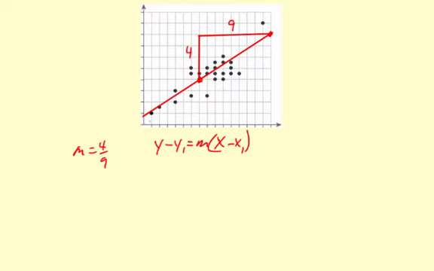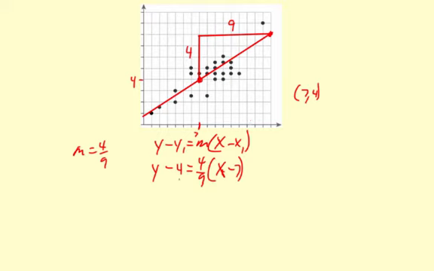The coordinates for that are 1, 2, 3, 4, 5, 6, 7 for x, 4 for y. So 7, 4 is the coordinate. So it's going to be y minus 4, where 4 is y1, equals the slope m, 4/9, times x minus 7, which is the x-coordinate. So it's a perfectly valid linear model.